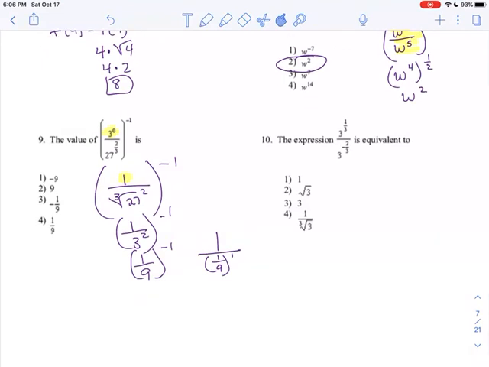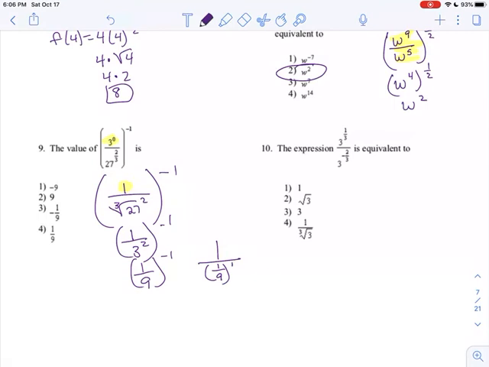So it's going to be 1 over 9 to the 1st power. To make that negative exponent positive, I have to put it in the denominator of the fraction. And 1/9 to the 1st power is just 1/9. But this is 1 divided by 1/9. And remember, when I have division, I change to multiplication and flip that. So my answer is 9.